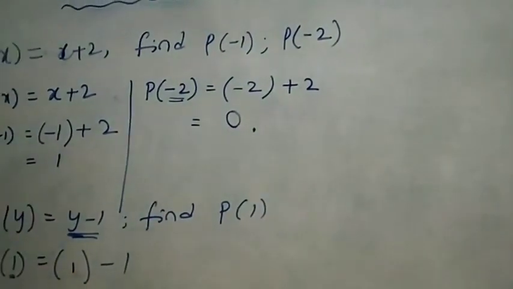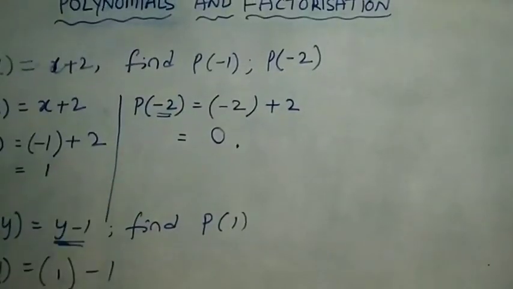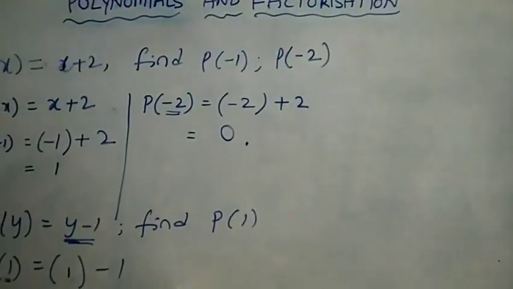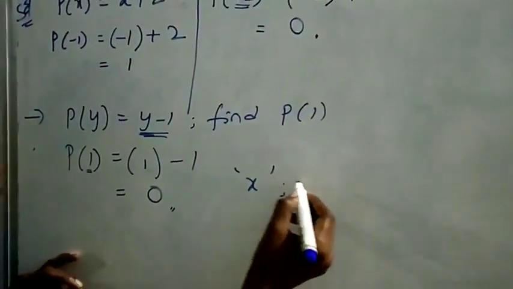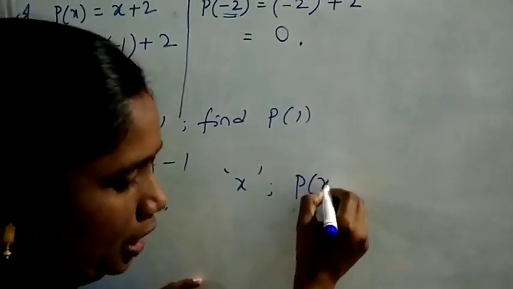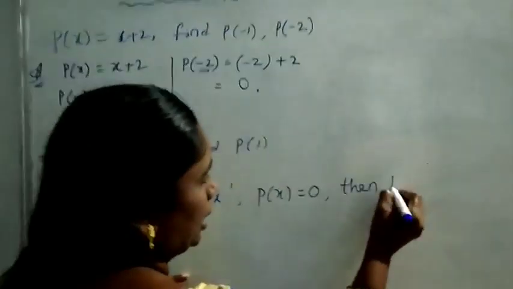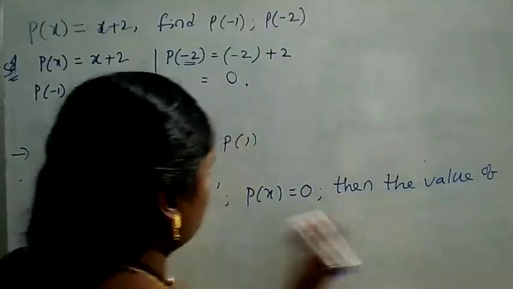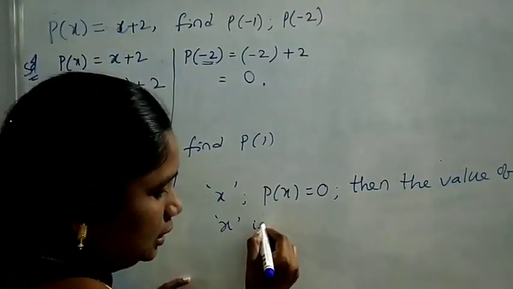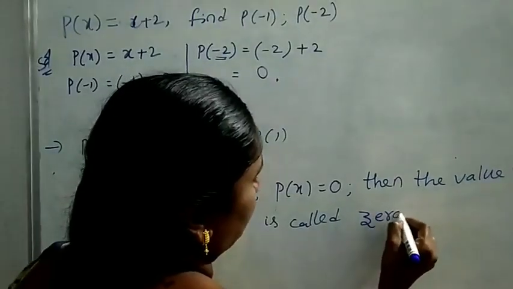Okay, children. Now, what is the zero of the polynomial from this?